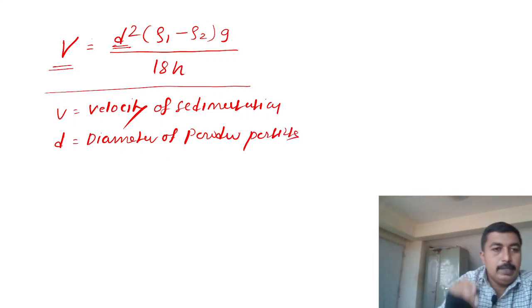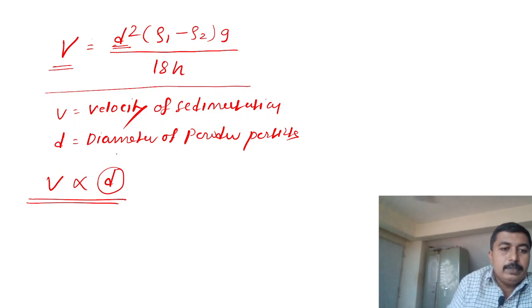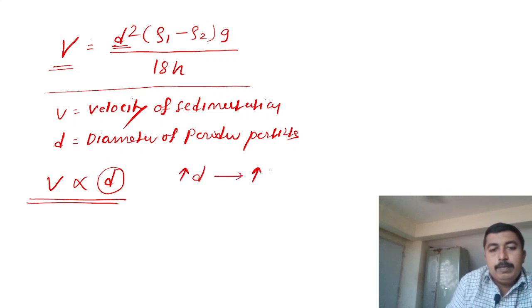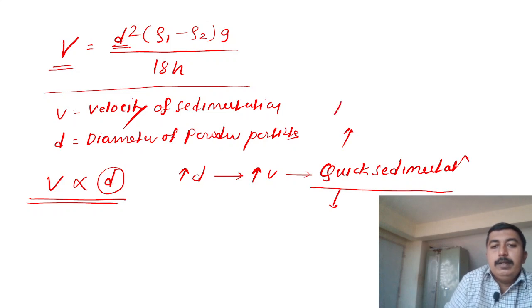So based on this equation, what we understood is that sedimentation velocity is directly proportional to diameter. In short, if the diameter, meaning size, is more, the V is more, and quick sedimentation of powder particles takes place, meaning powder particles will immediately settle at the bottom, which is responsible for instability of suspension.